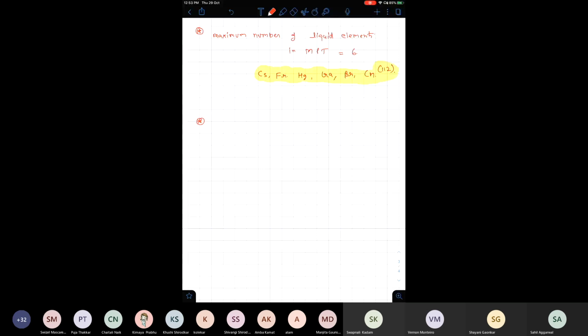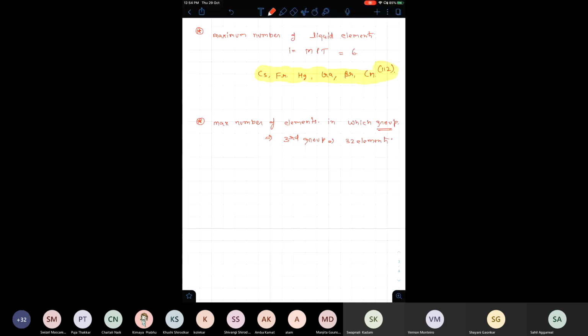Maximum number of elements in which group? Third group, 32 elements.